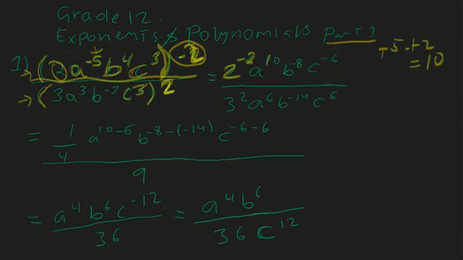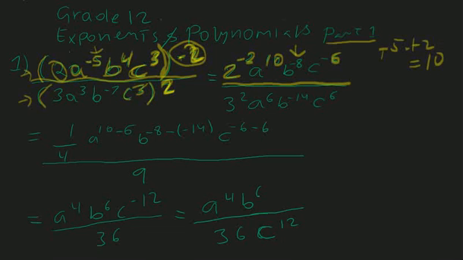That's why you have a to the power of 10, and then you have b raised to the power of 4 times -2. So we got here b to the power of -8, and we have c raised to the power of 3 times -2. We got what? -6. This is the top expression.